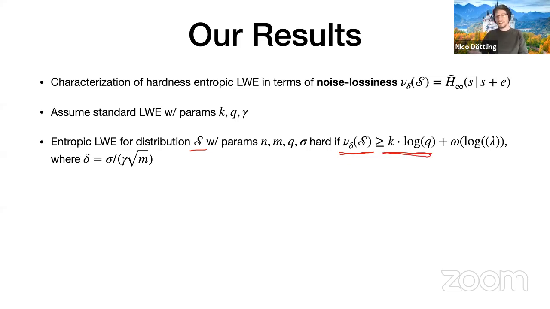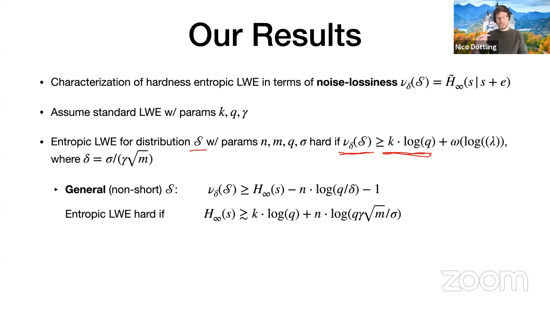So the noise lossiness is in effect the quantity that controls the hardness of the entropic LWE problem. So if the noise lossiness is above the threshold k log q, we will get that entropic LWE is hard.